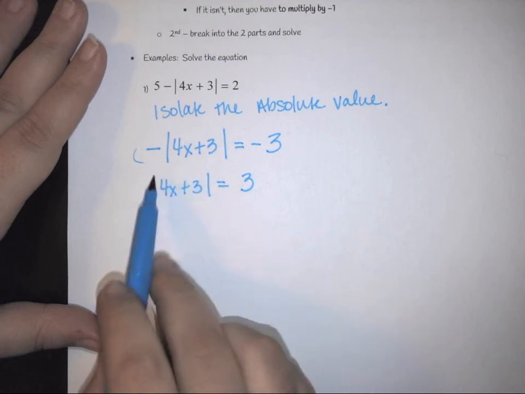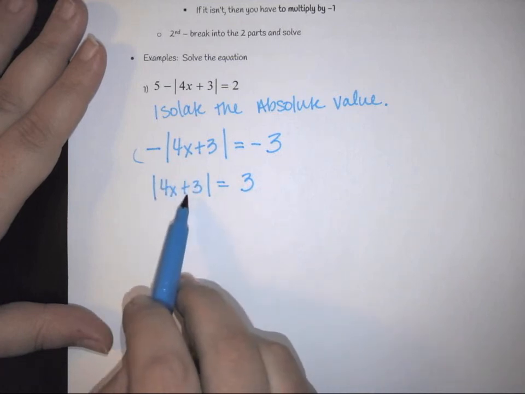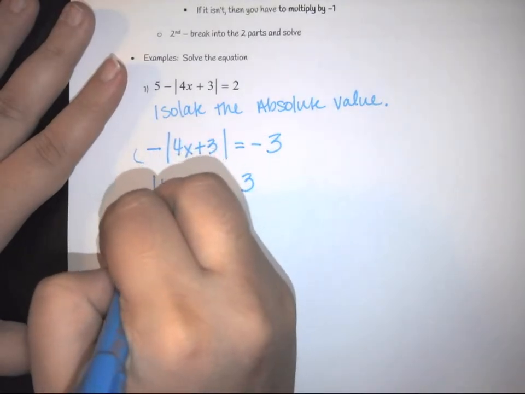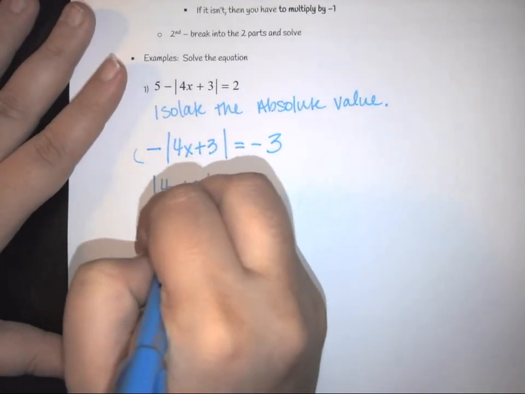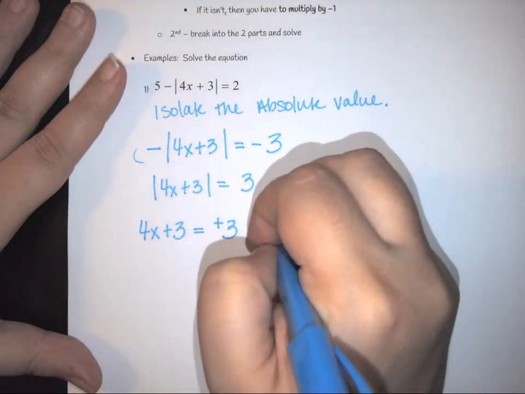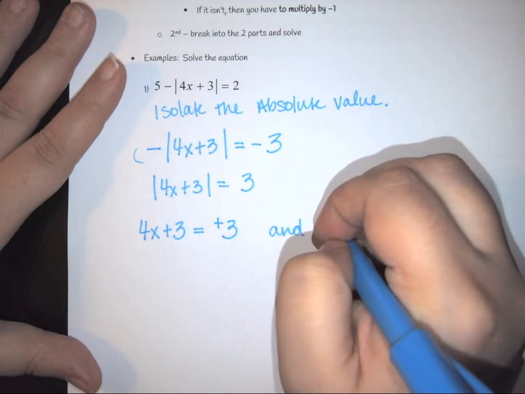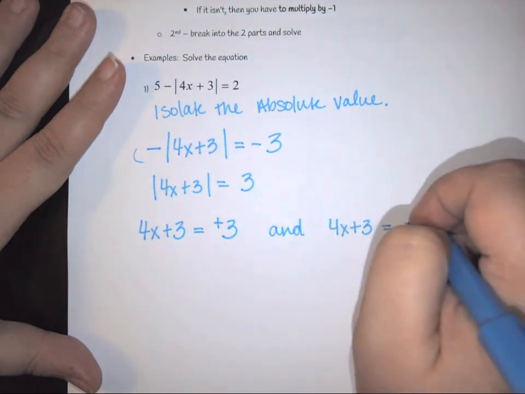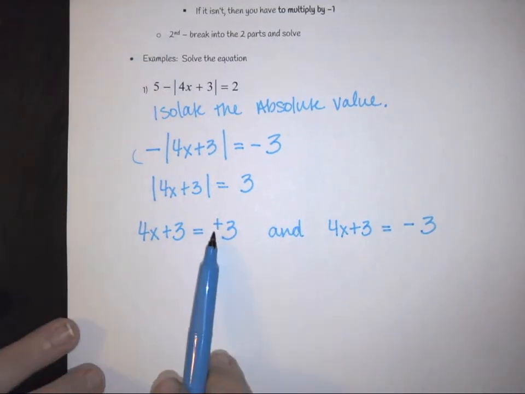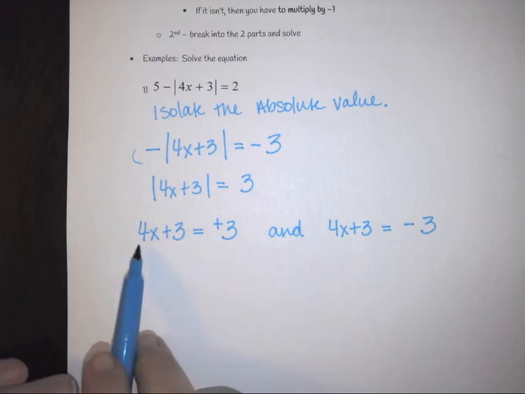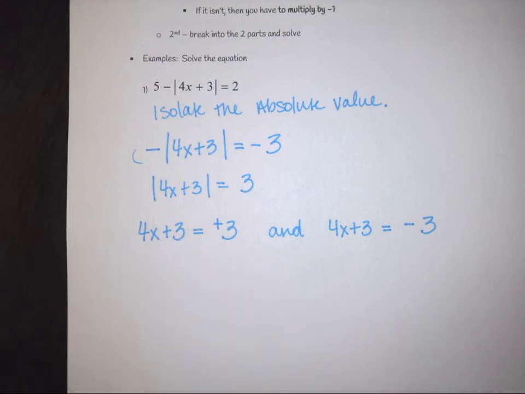You can either do that through the inside of your absolute value, or the trick that I like to use is I have to take my inside expression and set it equal to the positive, and I need to take my inside expression and set it equal to the negative. Notice I'm taking the positive and negative into account, and instead of trying to worry about messing with my signs inside here, I've made it a little easier on myself.